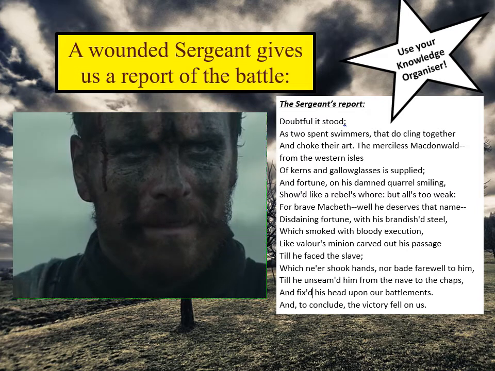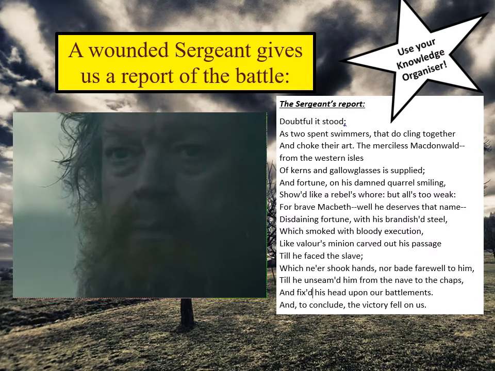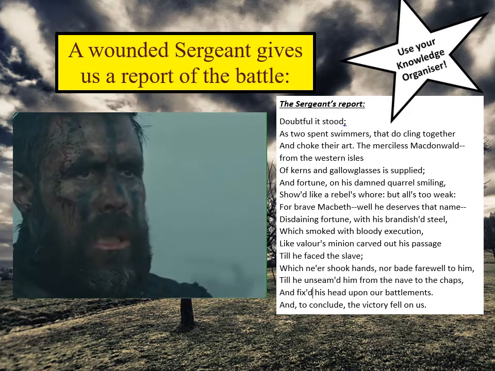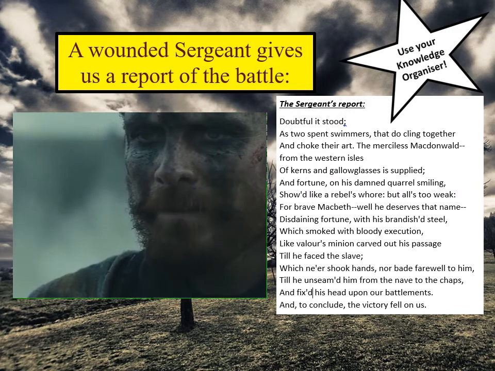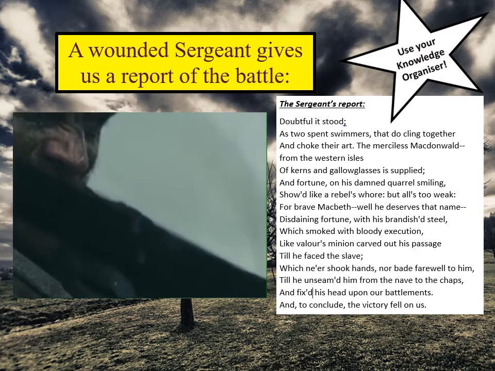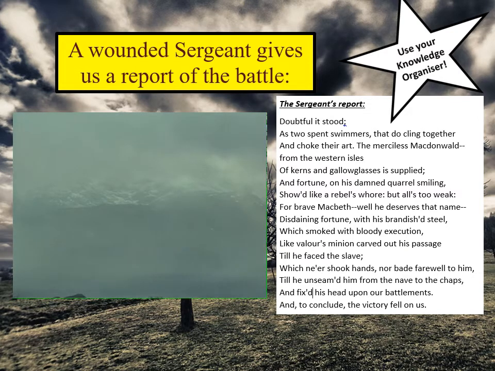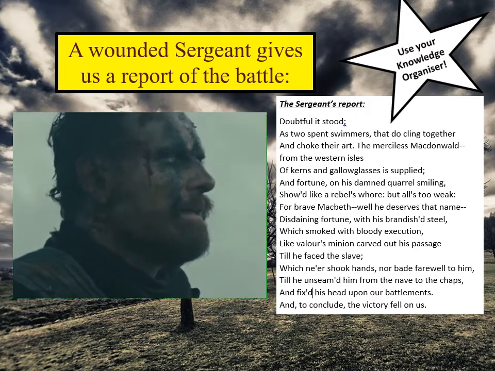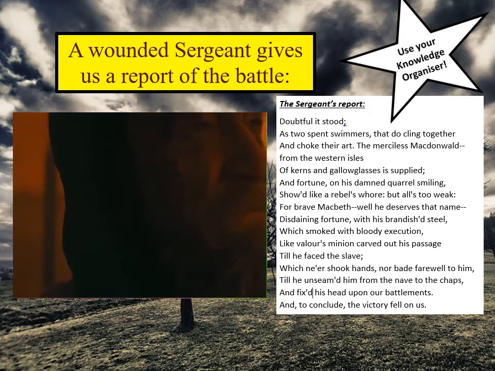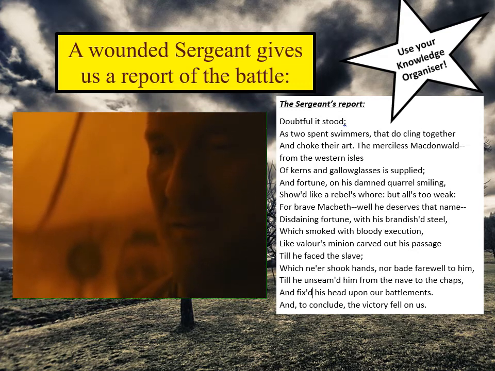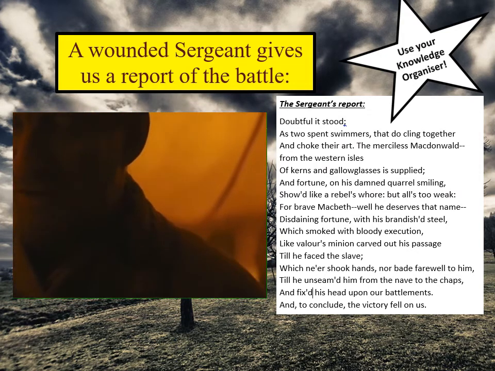Well, he deserves that name, disdaining fortune with his brandished steel, which smoked with bloody execution like Valour's minion carved out his passage till he faced the slave, which ne'er shook hands, nor bade farewell to him, till he unseamed him from the nave to the chops, and fixed his head upon our battlements. And to conclude, victory fell on us. Valiant Macbeth. Worthy gentleman.